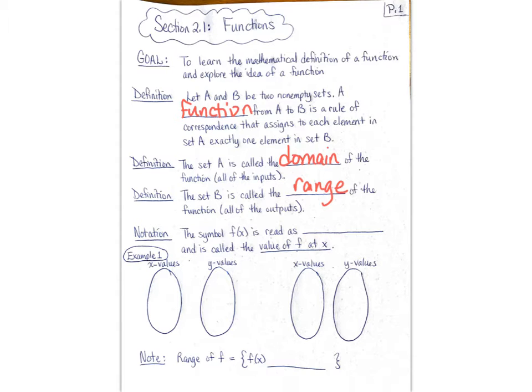Notation: this symbol here is read as f of x. Another note, when you're looking at the set of all inputs, your x values are typically called your independent variable.